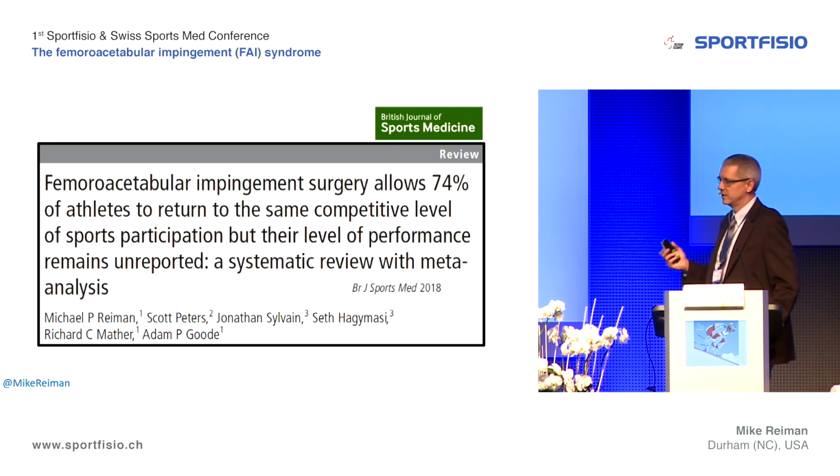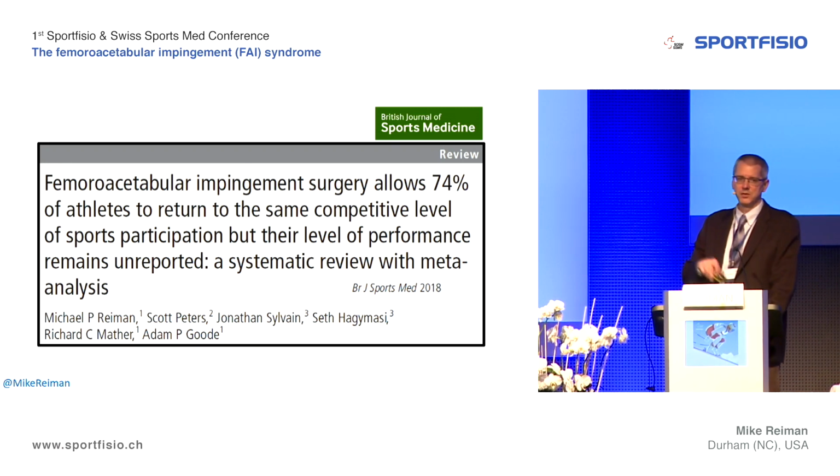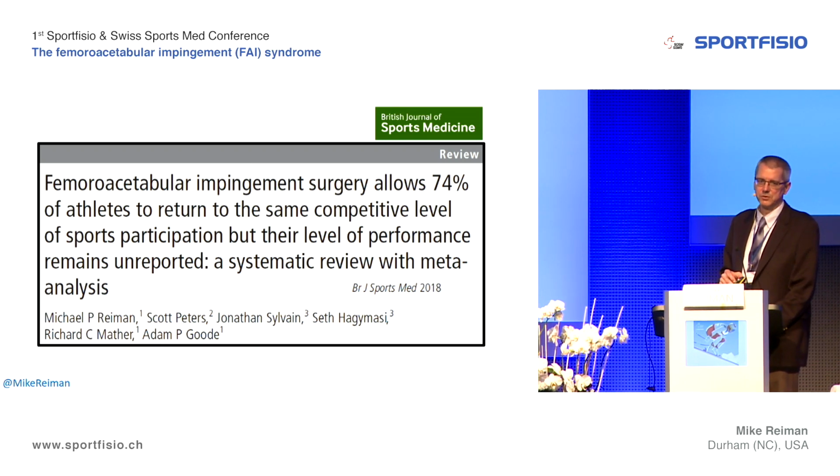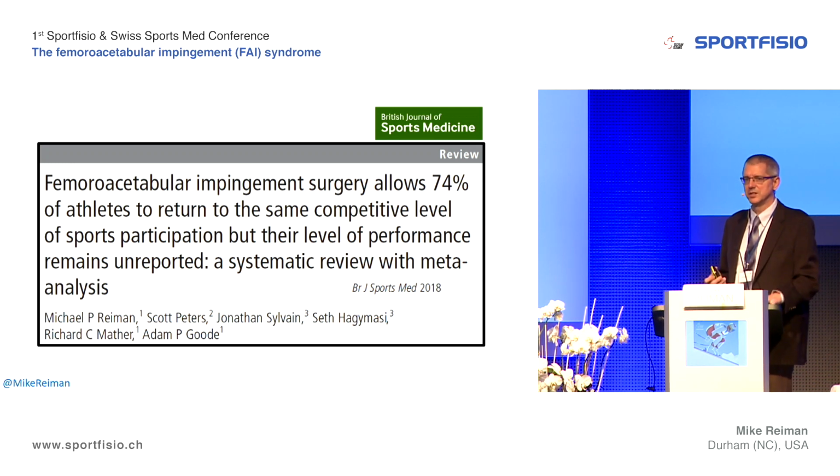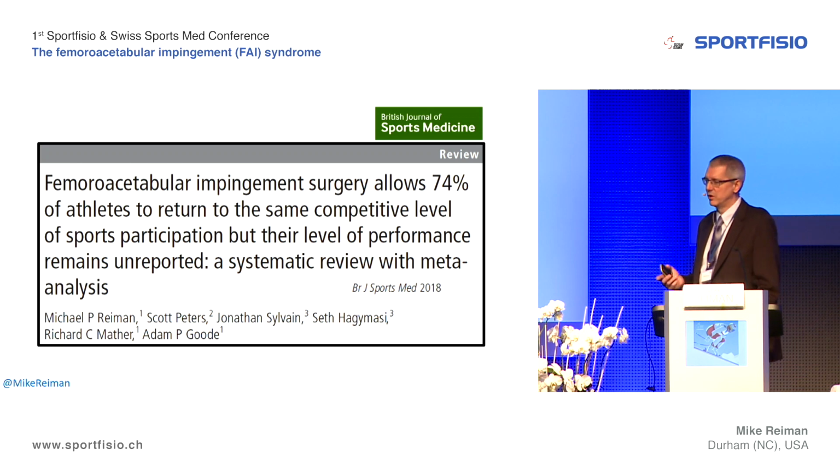What we looked at is, do they actually get back to the same level, and do they perform at the same level? Unfortunately, performance was not reported in hardly any of our studies. What we did find is only 3 out of 4 people actually get back to the same level of sport. How they perform, we don't know.